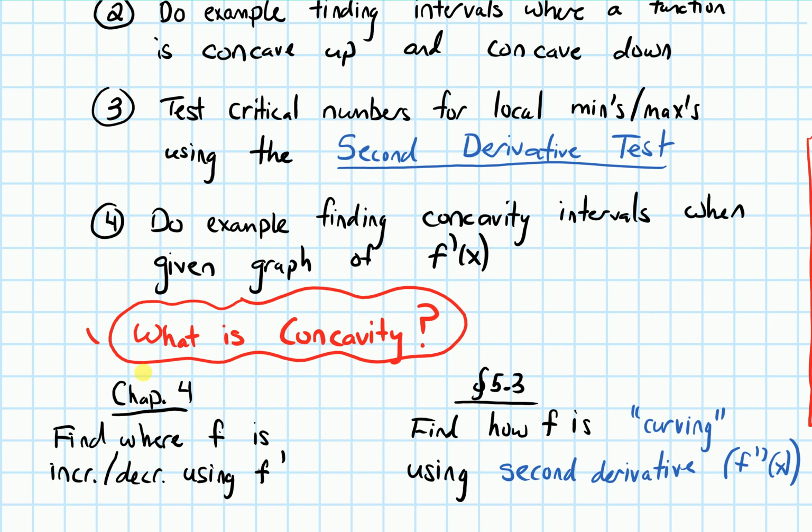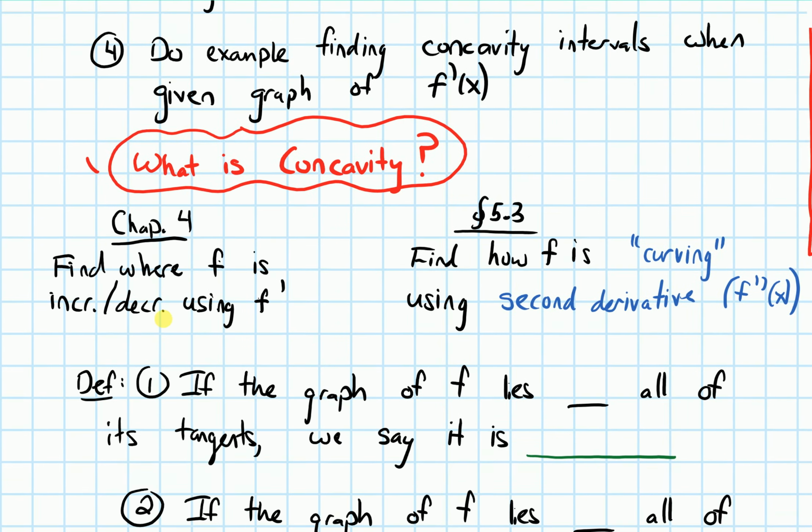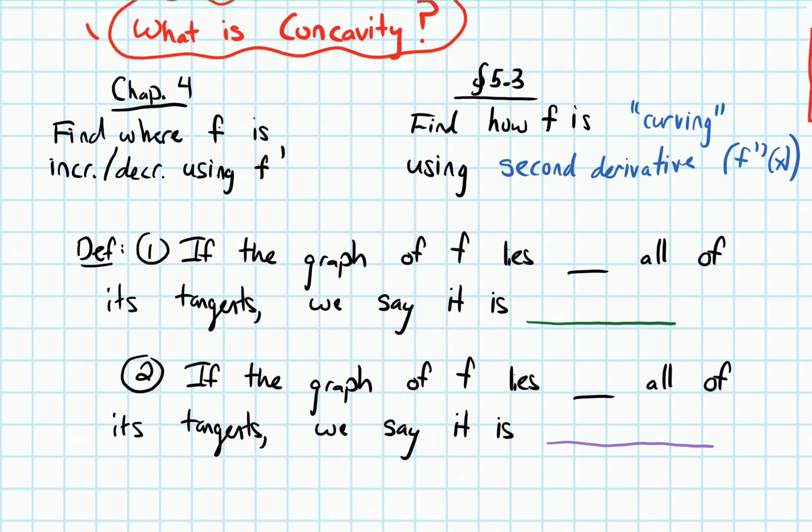Okay, so that said, let's give a definition. If the graph of f lies above all of its tangents, so by tangents I mean tangent lines, we say it is concave up. And that's actually the definition of concave up.